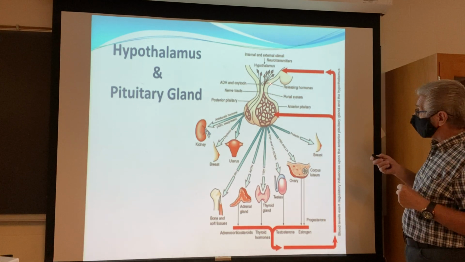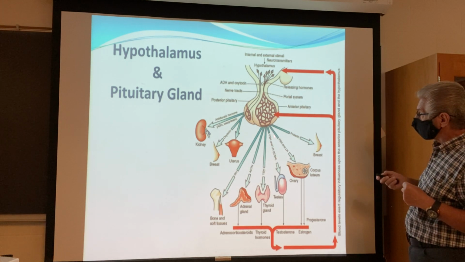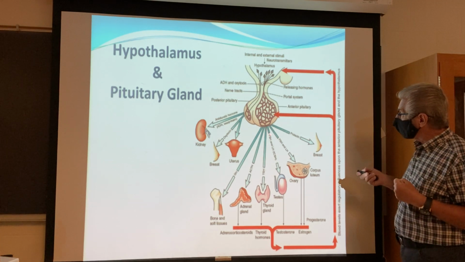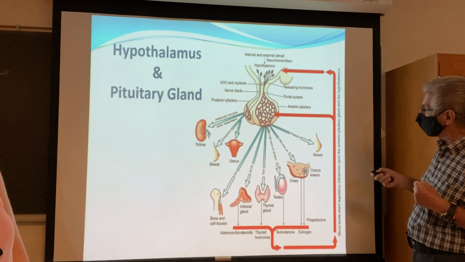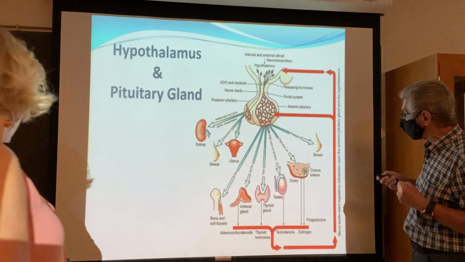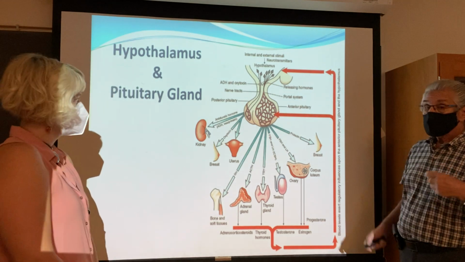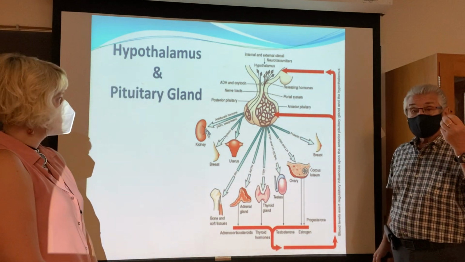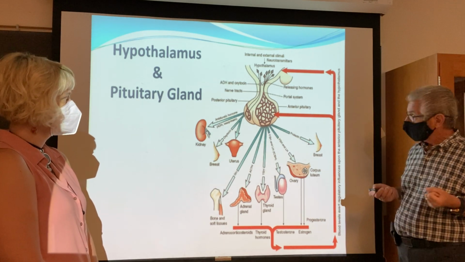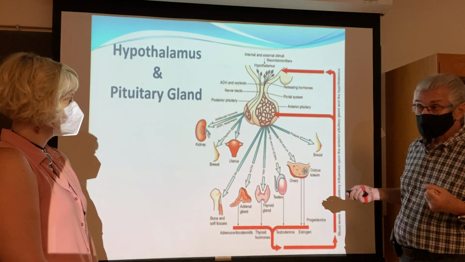All right? Then we have the sexual hormones, or gonadal hormones, depending on how you view this. We're going to produce follicle stimulating hormone in both the male and female. And follicle stimulating hormone, of course, stimulates the growth of our sperm cells, just like in the female, the growth of the egg cells.